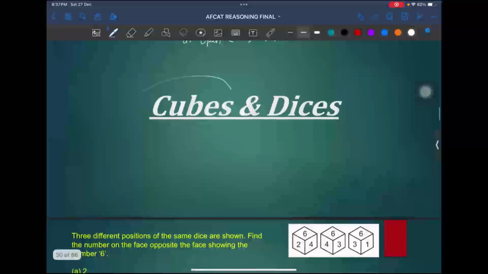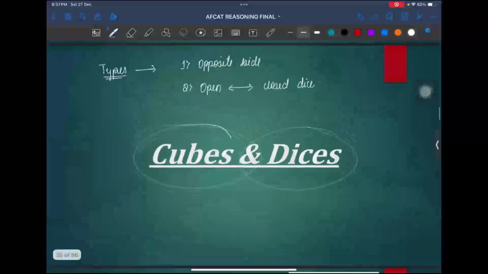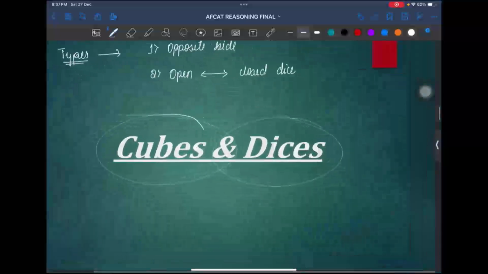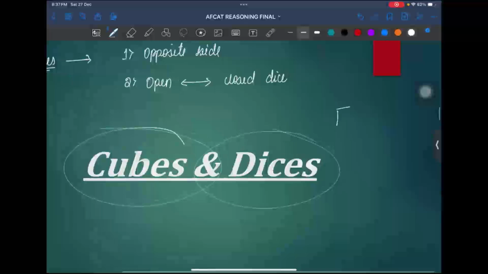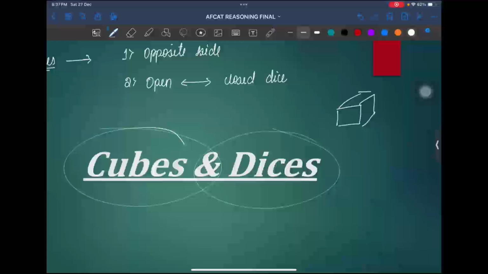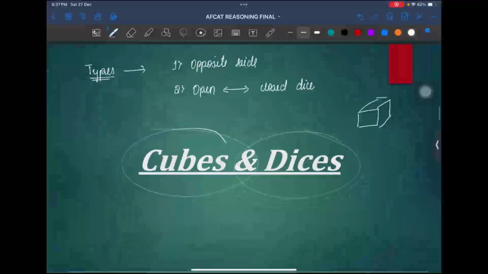Before starting, what are cubes and dice? You know the shape of a cube. This will be the cube. Many of you played snake and ladder in your childhood days, and you'll see 1, 2, 3, 4.